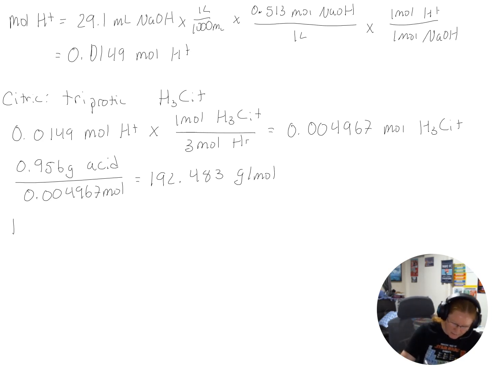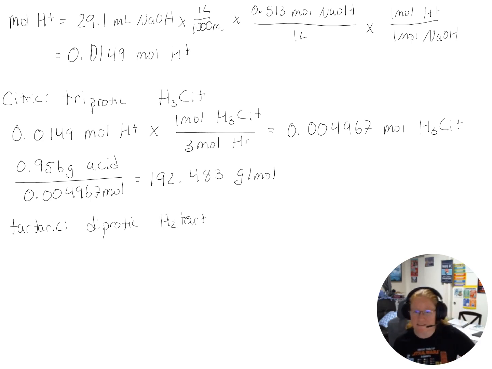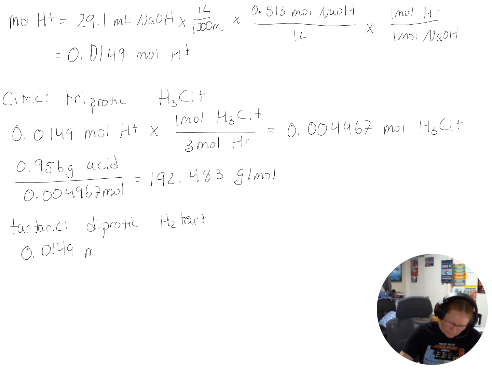So our tartaric acid is diprotic. I'm going to abbreviate it as H2 tart. We do a lot of abbreviating in science. All right, so I can do the same calculation. I have 0.0149 moles of hydrogen ions that were neutralized by the sodium hydroxide.